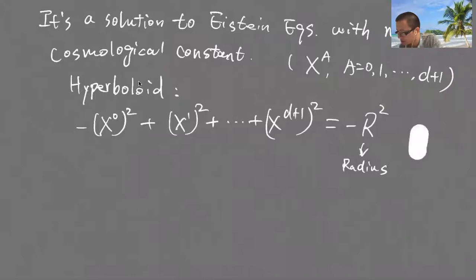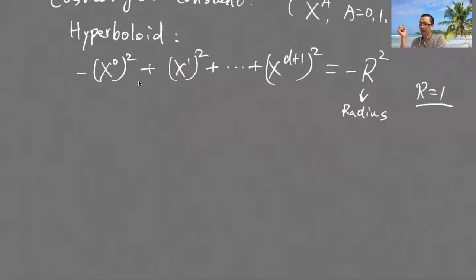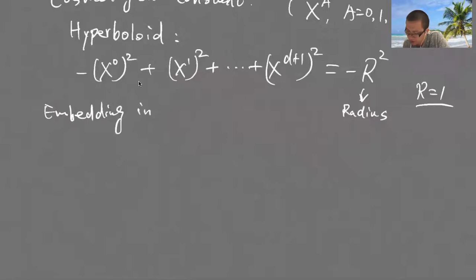And in our discussion, we will simply set R equal to 1. Okay. So this is a hyperbolic embedding in d plus 2 dimensional space.